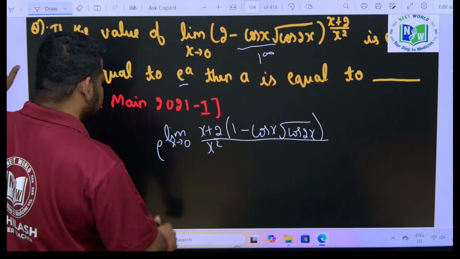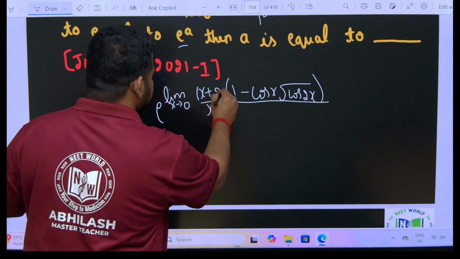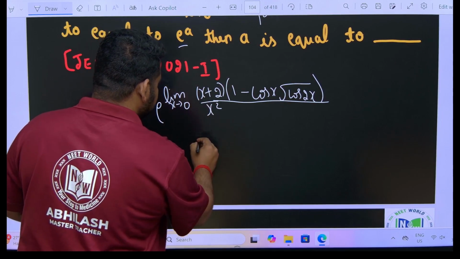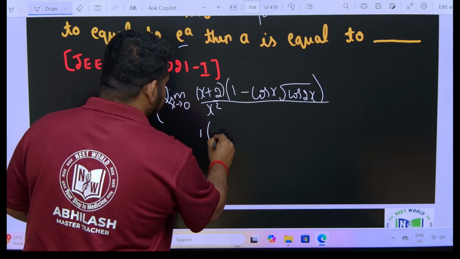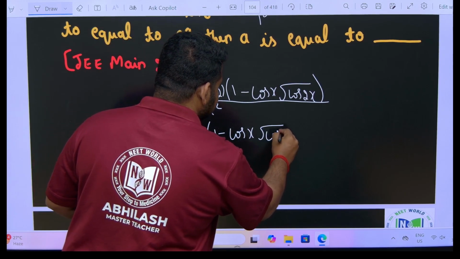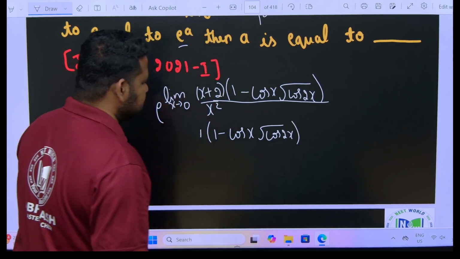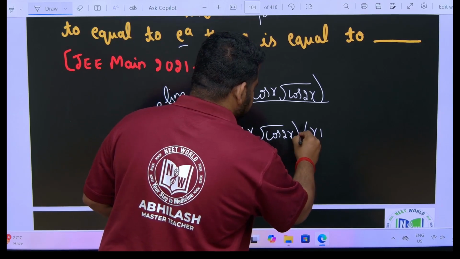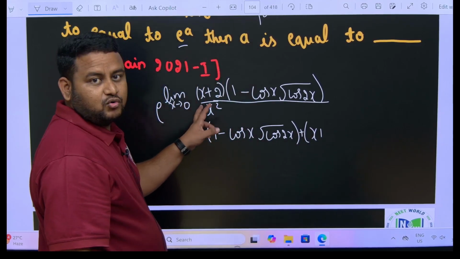So this will become what, friends? So this is x plus 2. Derivative of x plus 2 is 1, into 1 minus cos x into root cos 2x. Now into x plus 2, plus this should be plus. Why? Product rule.